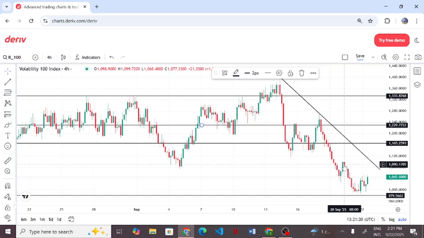If the market possibly breaks this high upward, should we have hope that the sell will continue, or that there's a change of trend, a change of character?